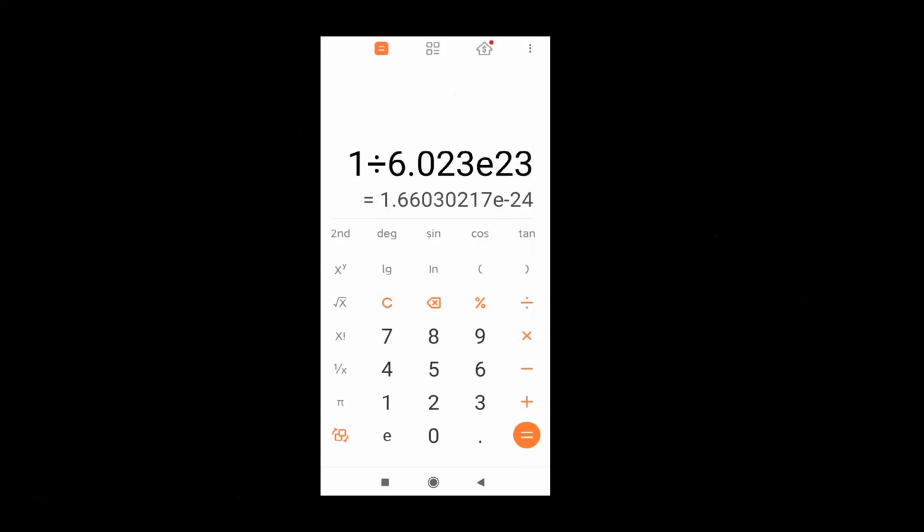You just click on the left hand side of the bottom, and then you will see the E symbol.